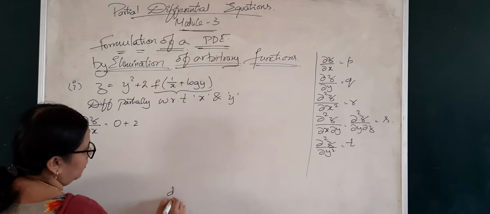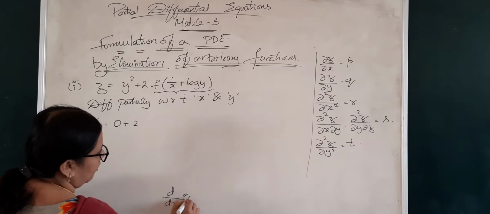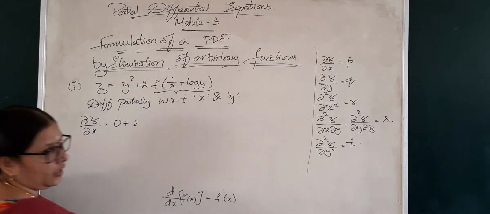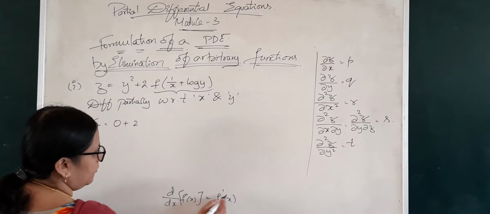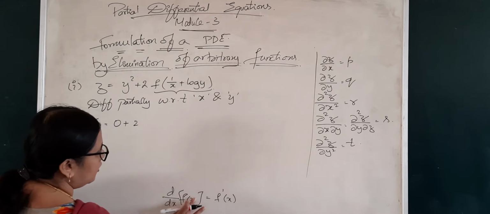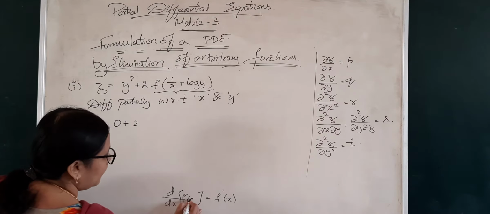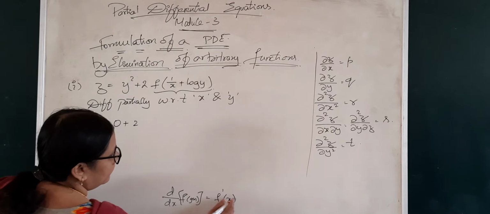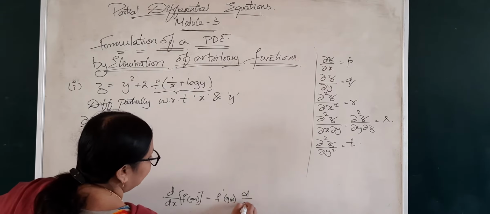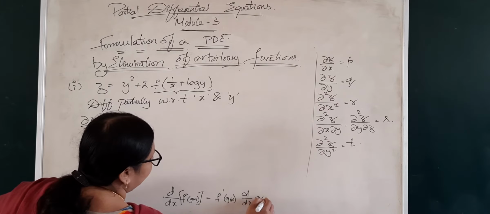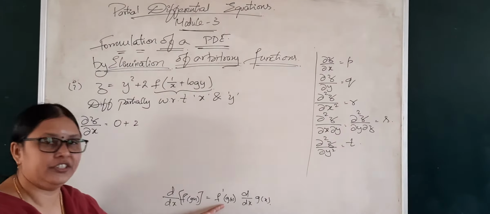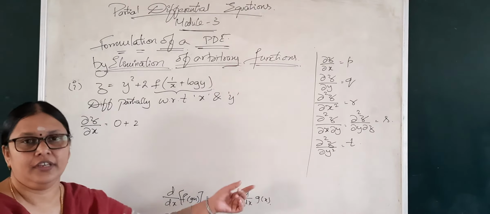We know that d by dx of f of x is given by f dash of x. If it is not just x, if it is some other function inside, then the derivative of that other function should be taken, as it is going to be a chain. Understood? So f dash of this function and the derivative of the inner part.